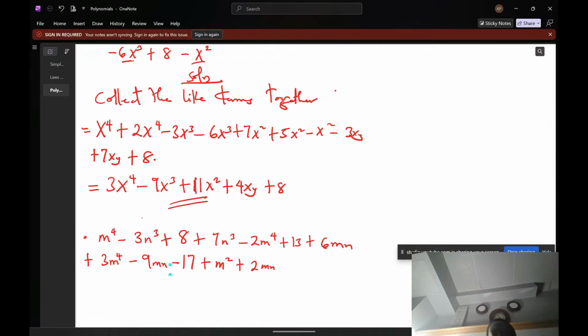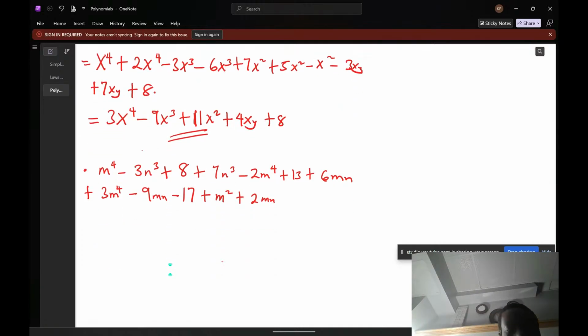Okay, so we have something that's a little ambiguous, but if we don't make any mistake in selecting everything together, then we should get the right answer. So now let's start with m raised to power 4.